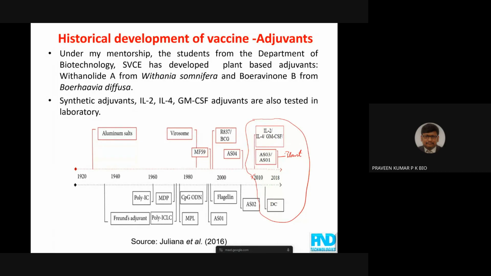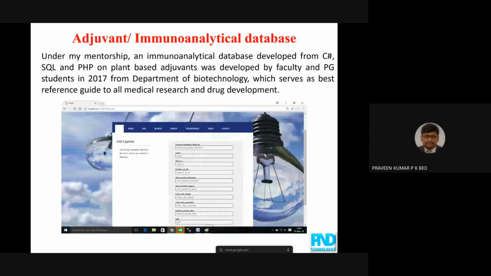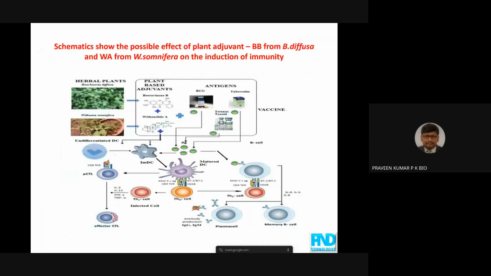Even for coronavirus vaccines, saponins are used as adjuvants. Other than that, we can use interleukins and GM-CSF. Dendritic cells are also used as vaccines. So this is a database developed in our lab for vaccines. For vaccines we can try these adjuvants, and initially we want to check the efficacy of an adjuvant.